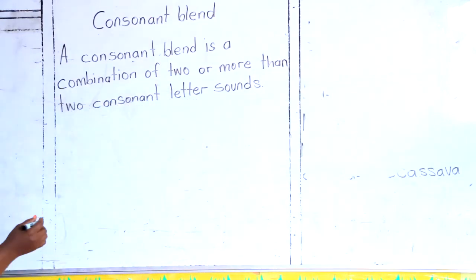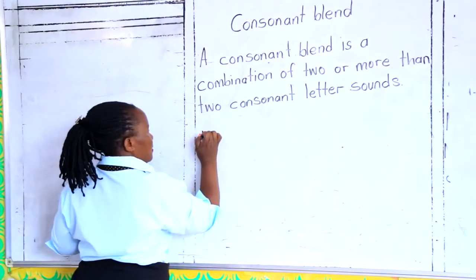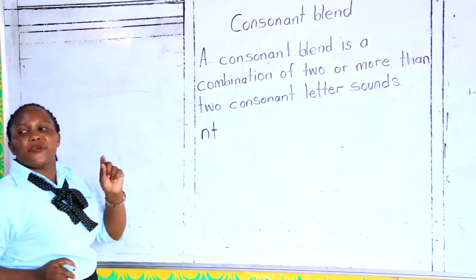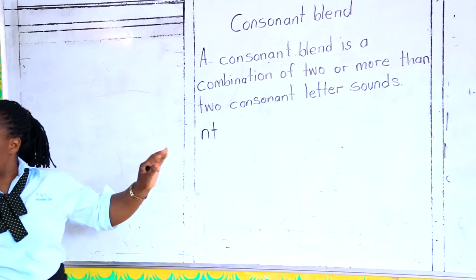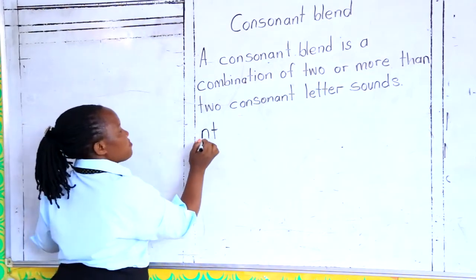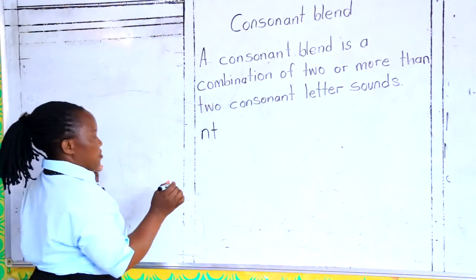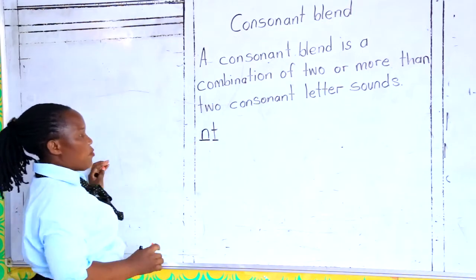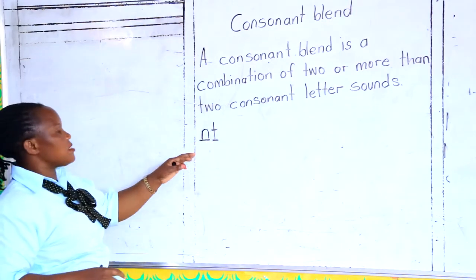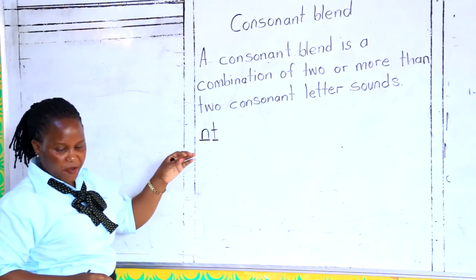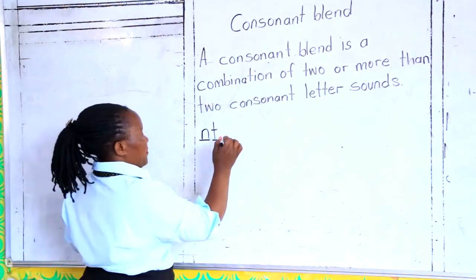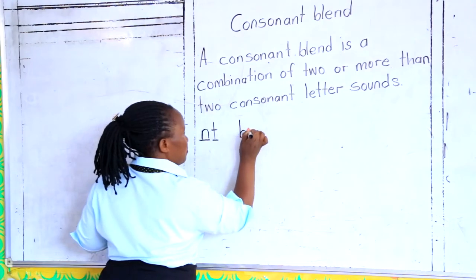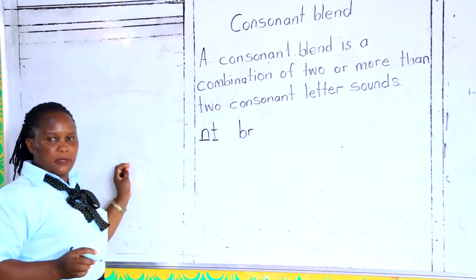For example, these letters are written together and you can hear all their sounds. For example, this is nj. Everybody say nj. So we pronounce them all together. Nj. Everybody say nj. We've got this one. Br.